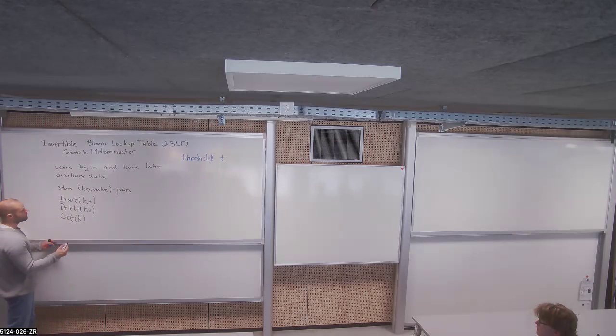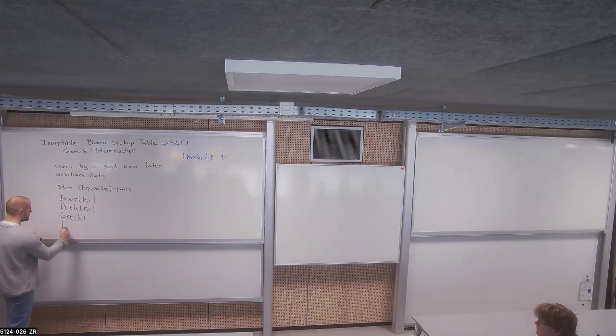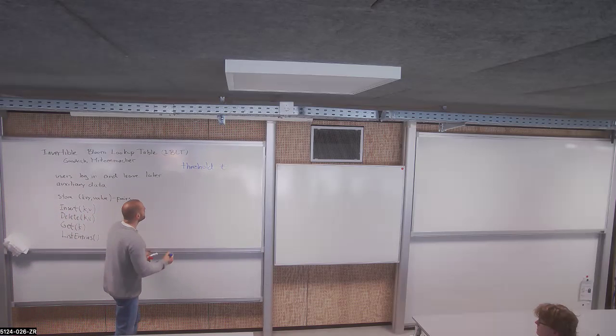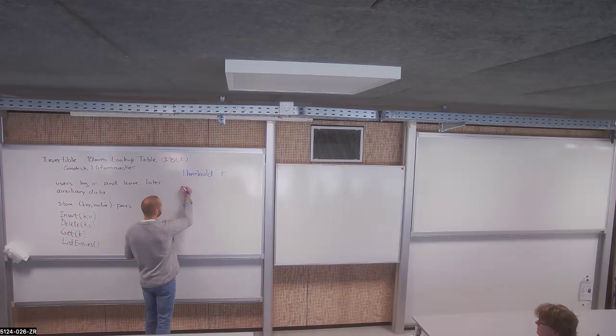And we have one more operation, list entries, which just outputs all the key value pairs that are in the data structure. And then the special thing is that it has this threshold, and the interesting property is that operations work.